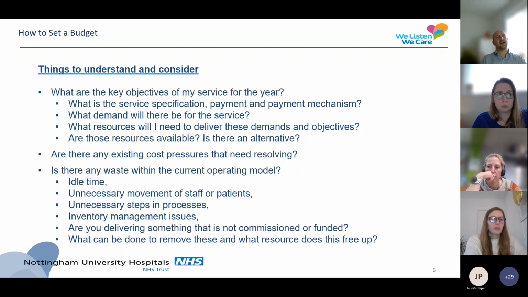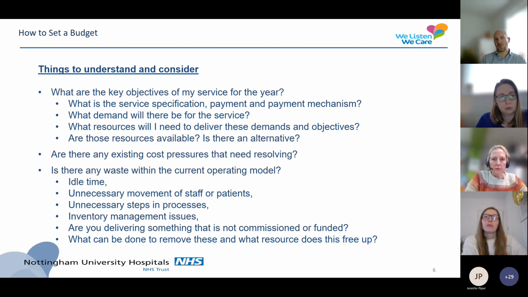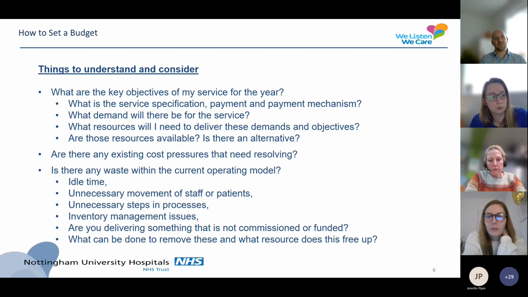The other thing from planning guidance that's worth factoring in is around agency usage. Within this year's planning guidance, there is going to be a target set by the Integrated Care Board, but also by trust or organisation, for your agency expenditure to be within 3.7% of your overall pay expenditure.